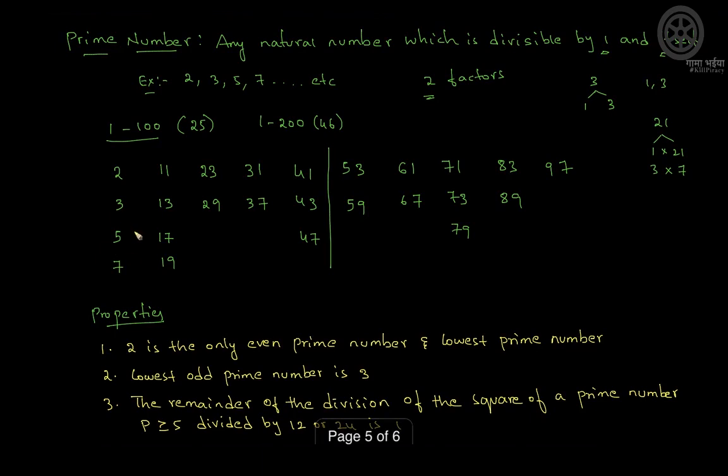The prime number greater than or equal to 5, it can be 5 also. Okay, we will take random prime numbers, greater than or equal to 5, not 2 and 3, right? So I take 5, 13, 31, right?